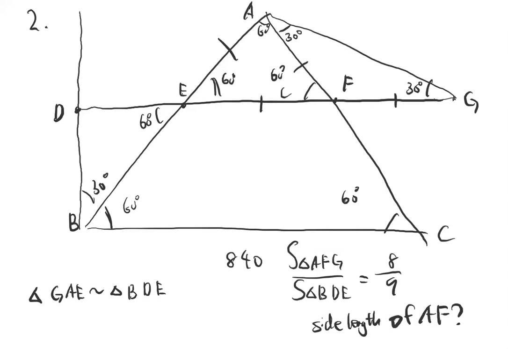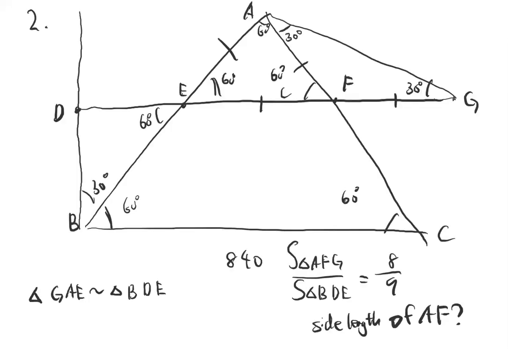So EF is equal to FG. If EF is equal to FG, then F is the midpoint of EG, which means that triangle AFG is half of the area of AEG. So EAG is equal to 2 times AFG.